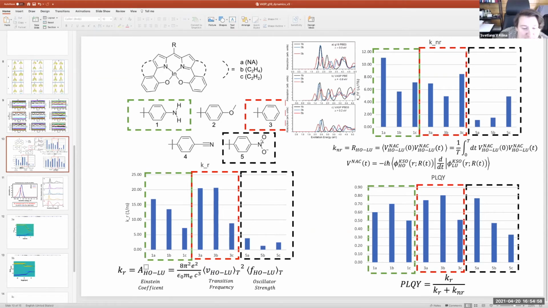It looks like if we compare 1 and 3, the radiative rate for C is slower compared to B, and it's similar for both cases, 1 and 3. Am I right? Levi is asking more about why radiative is. Yes, but Dimitri's question is also valid. So Dimitri is asking, why are non-radiative rates higher for C compared to B? Correct, Dimitri?